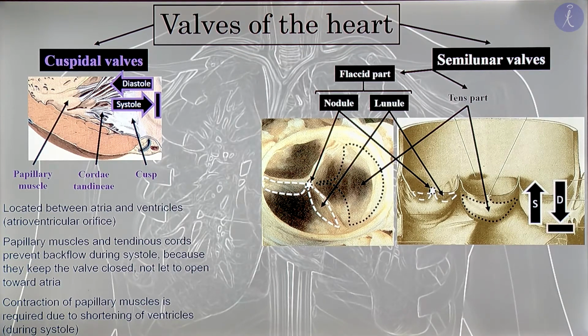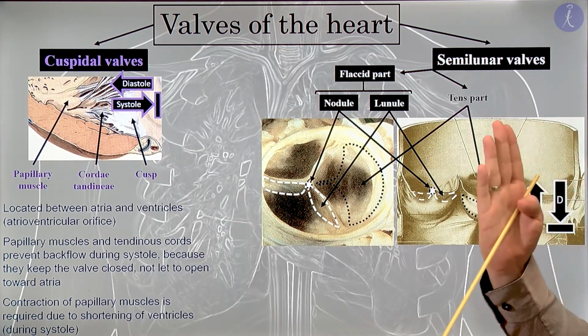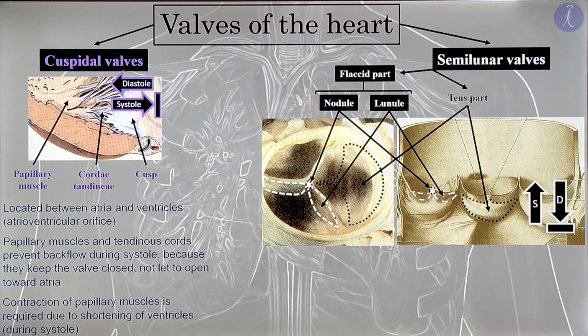And then during diastole, when the pressure is higher in the large vessel because the blood is there and the ventricle is almost empty, the blood tries to flow back through the valve, but in that case the blood itself will fill these pockets, and because of that the flaccid parts are moved toward each other, and this is how they close the way back to the ventricle without muscle function.